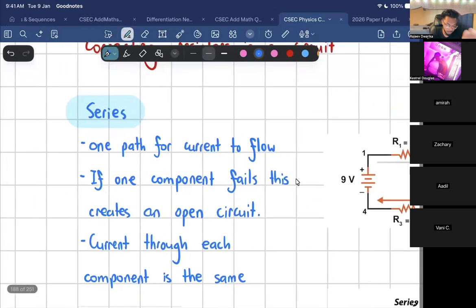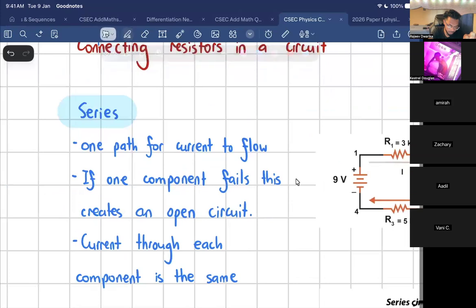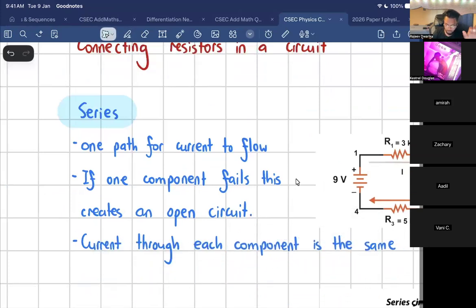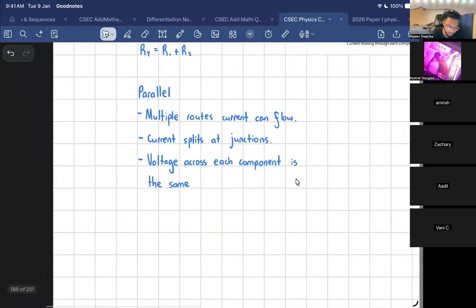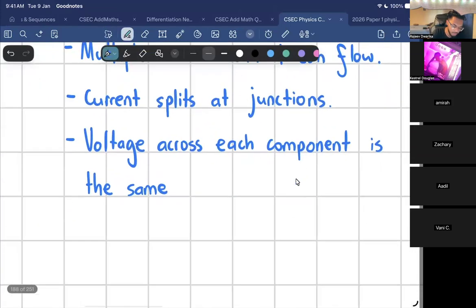But for a series circuit, what was the same? What was the same for a series circuit? The current. Yep. In a parallel circuit, if one component goes, do you think the whole circuit breaks? No, sir. I mean, like I just said, your house is wired in parallel.